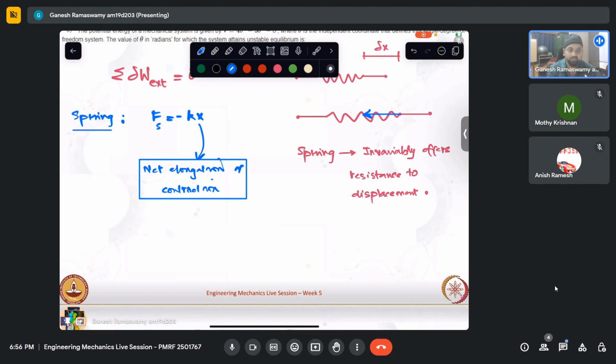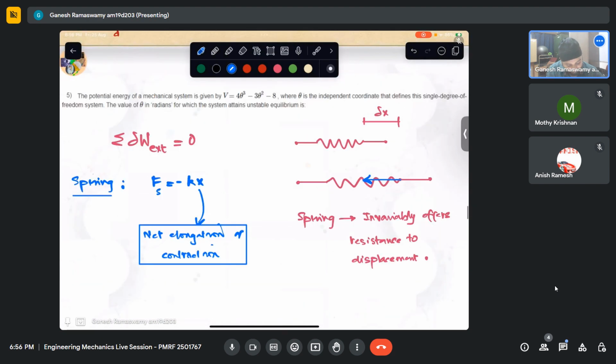We should not take the entire length to be x, meaning this x which we have put here as displacement, and this is force which we have put, we should not put it from here. This is just the unstretched length of the spring. Only after that unstretched length is elongated is my x actually considered. I hope that that is clear.